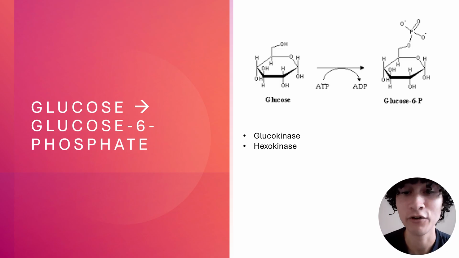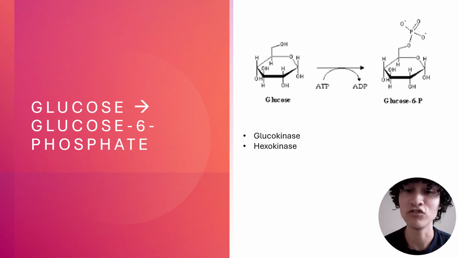That phosphate group is very negatively charged, so it's going to keep glucose in the cell. It prevents it from moving through those GLUT protein transporters embedded in the lipid bilayer of our cell membranes, and that controls diffusion chaos and keeps the glucose 6-phosphate in the cell.